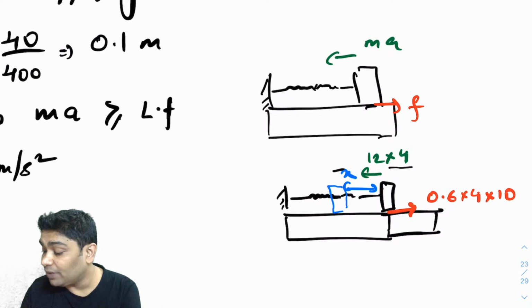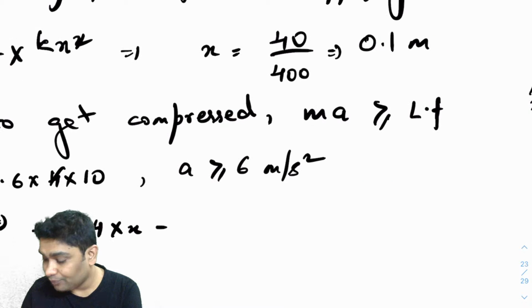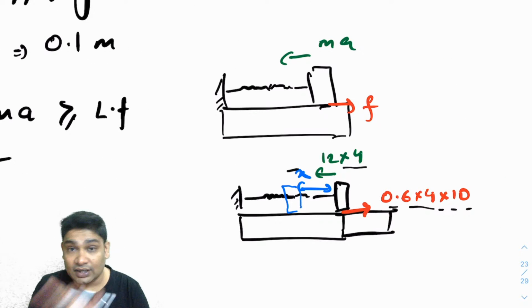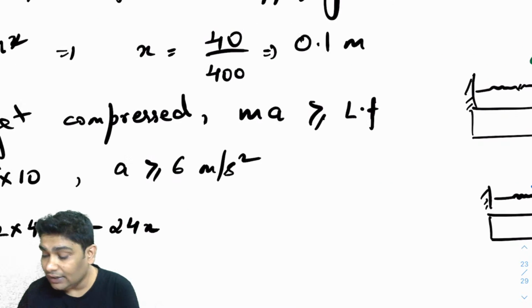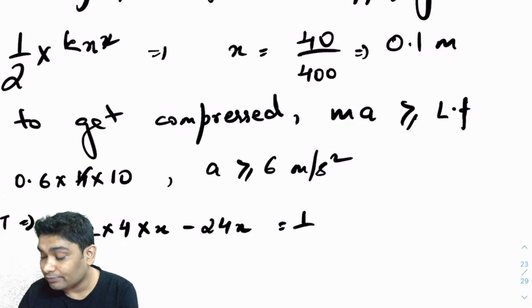The friction force is 24, so 24 into x, with a negative sign because the friction is acting in this direction while the displacement is in the opposite direction. This is the net work done, and it should be equal to half k x square.